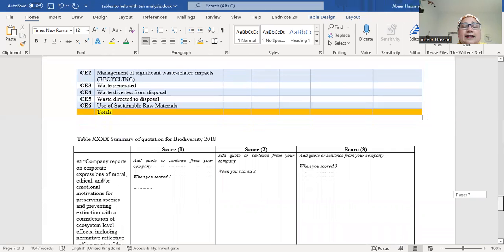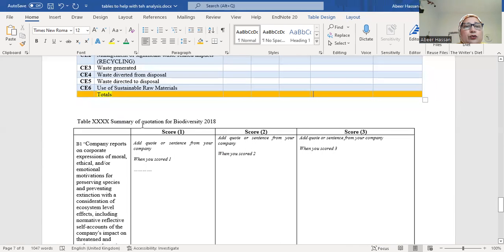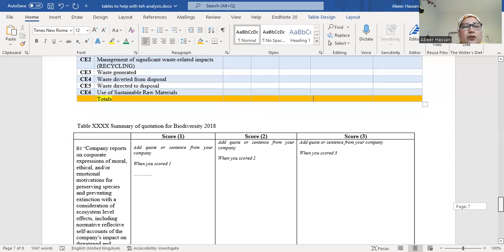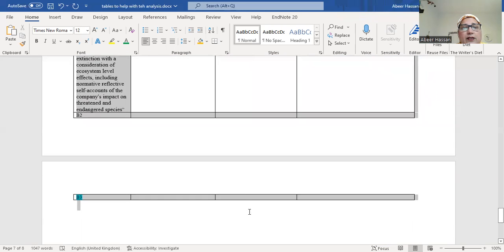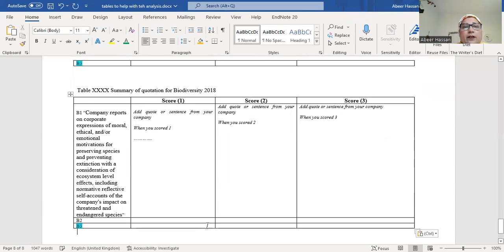I think it's the best way to do the quotes or the evidence of sentences in a separate table. So create a table, for example, for the disclosure index of 2018 and another one for 2021. Okay, give me 1 second just to remind you, of course, to do the same for biodiversity and circular economy in 2021.